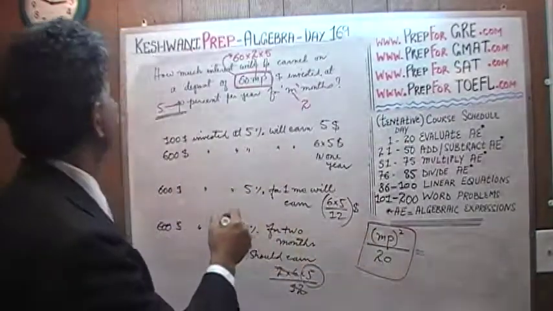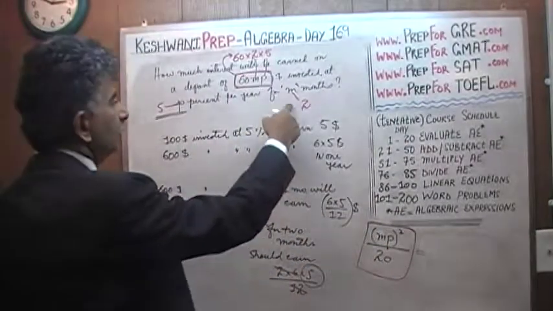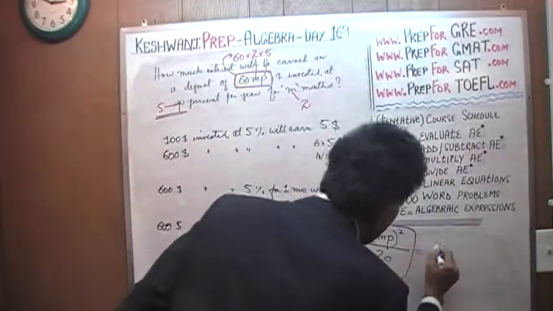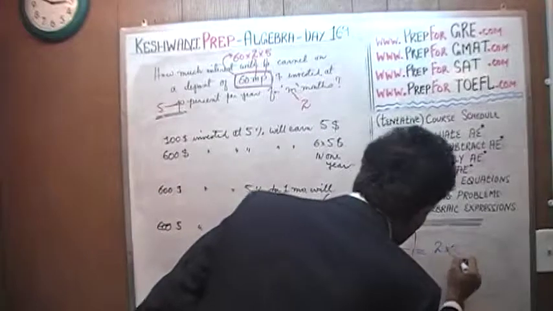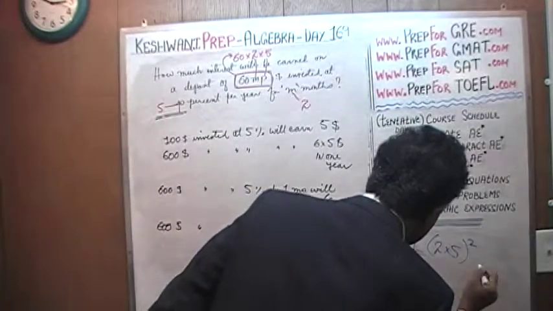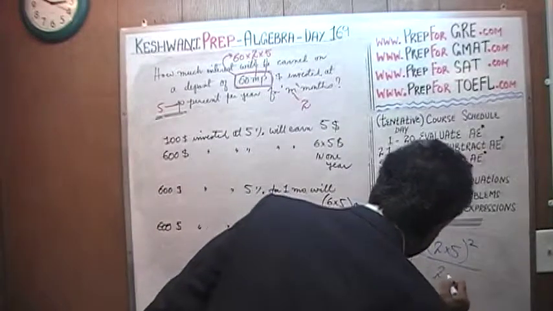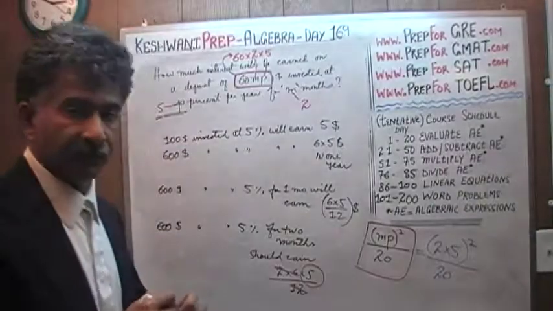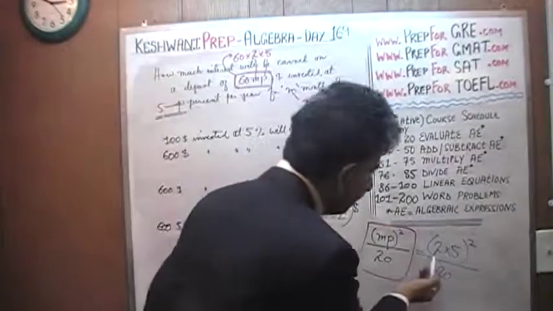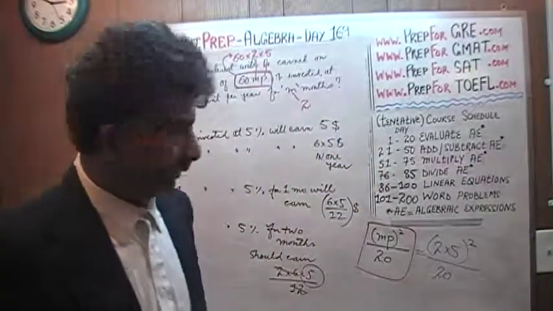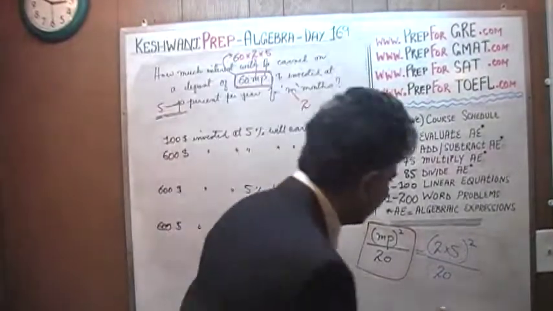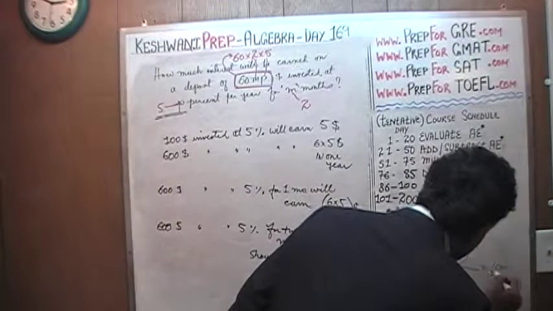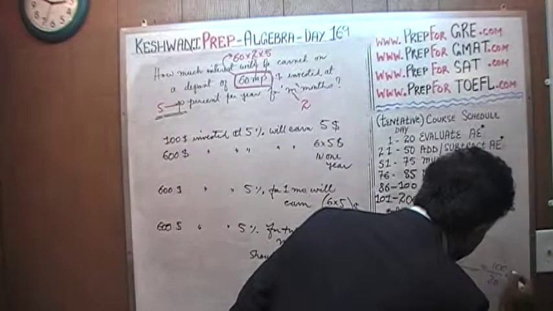M, which is 2, times P, which is 5, we need to square it over 20. What do you know? Does that give you 5? Of course it does, because 2 times 5 is 10, and 10 squared is 100. 100 divided by 20 equals 5.